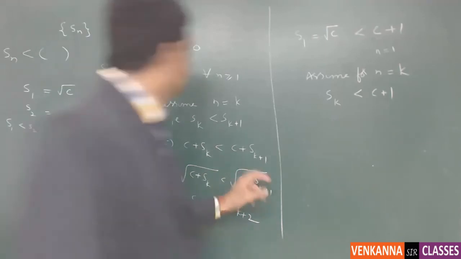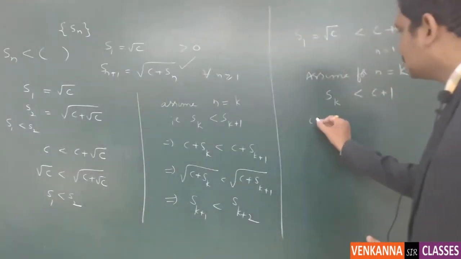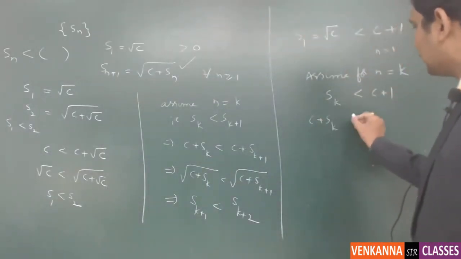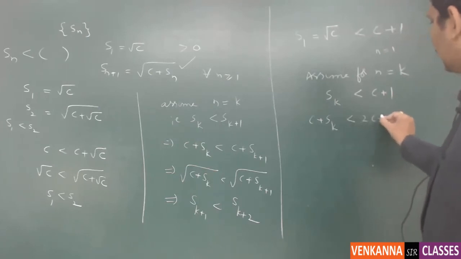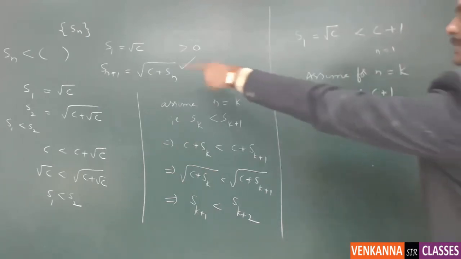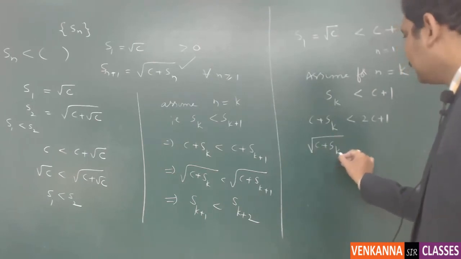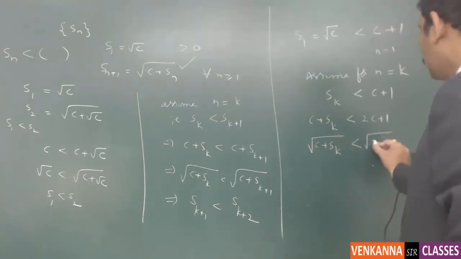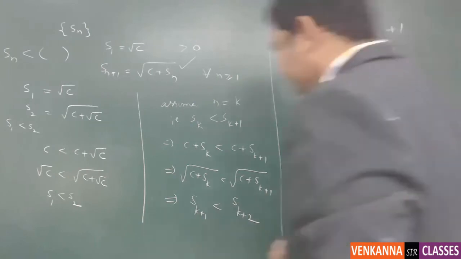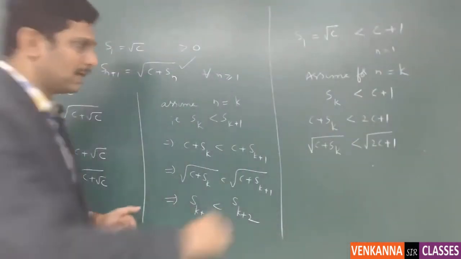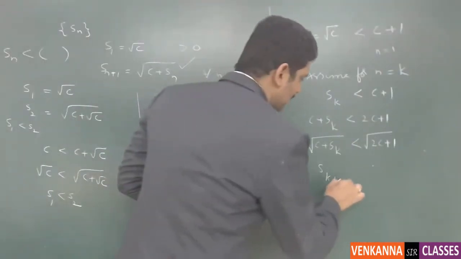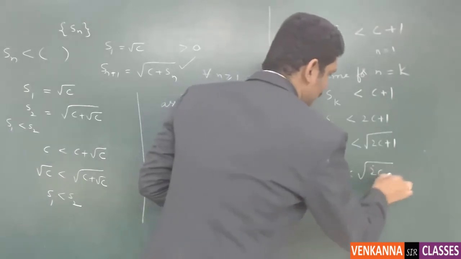So apply the formula, add C on both sides. So C plus Sk is less than 2C plus 1. Since the root is there, apply root of C plus Sk. This is less than root of 2C plus 1. So you have got that Sk plus 1 is less than root of 2C plus 1.